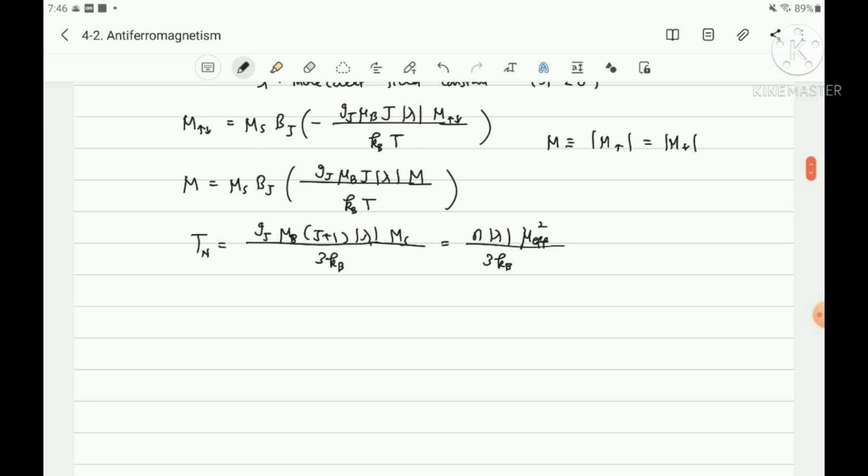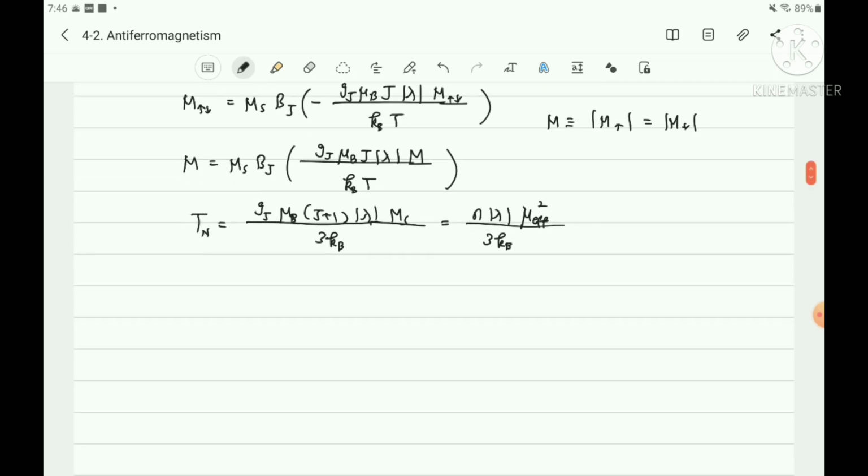The solution is the same as for the ferromagnet, and the different thing is the sign of the lambda value. Therefore, we know that the solution can also be written for the magnetic susceptibility.